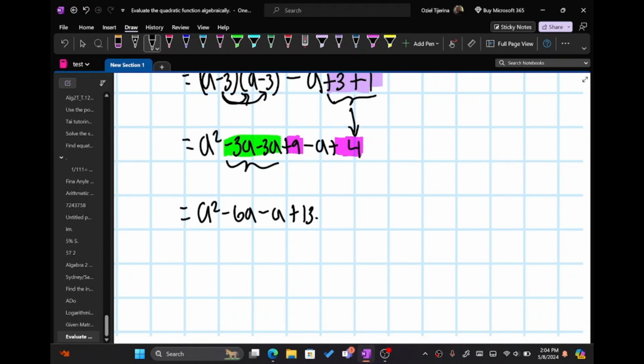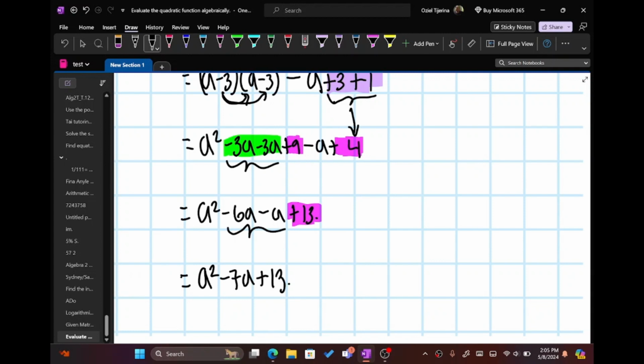So again, guys, notice how I'm labeling here. If you want, you could have also done the plus 9 plus 4 part, but you can clearly see here that this is plus 13. So then we have a squared, and negative 6a minus a is minus 7a, and then plus 13.